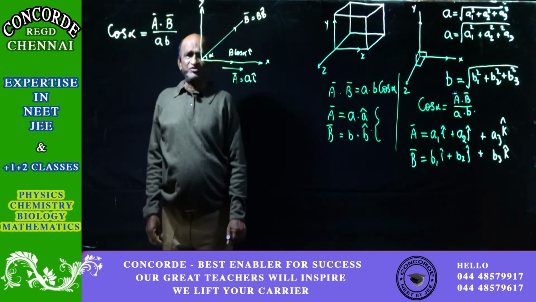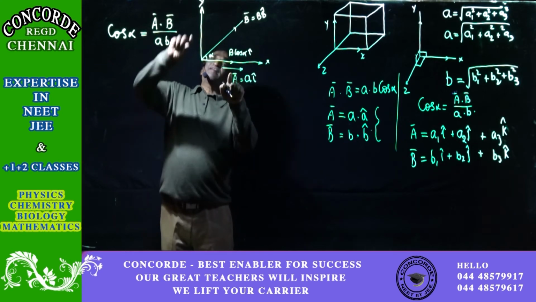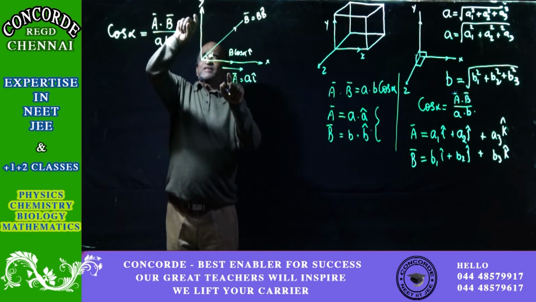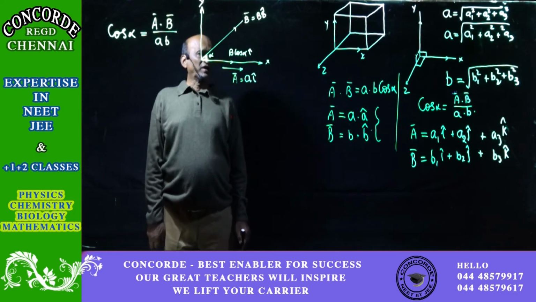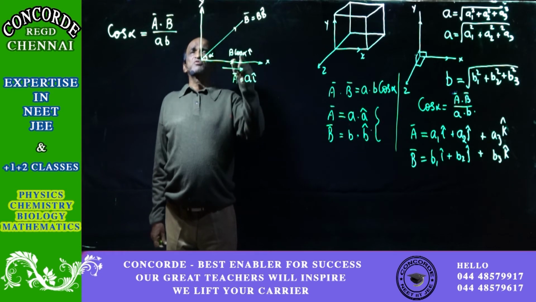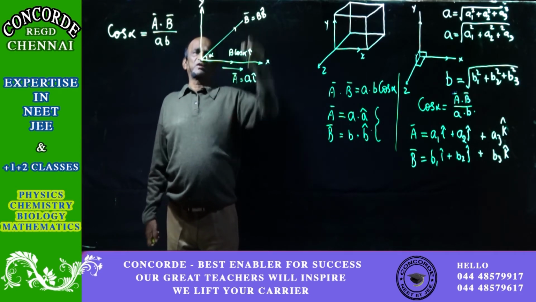The second one, I have told you already, for cross product, it is this vector and the component in this direction, which is B sin alpha j bar.